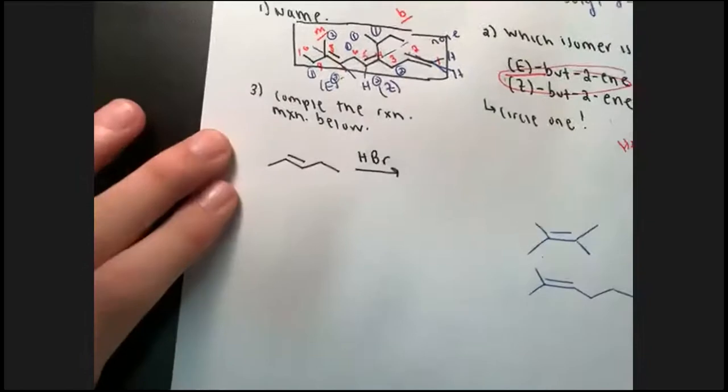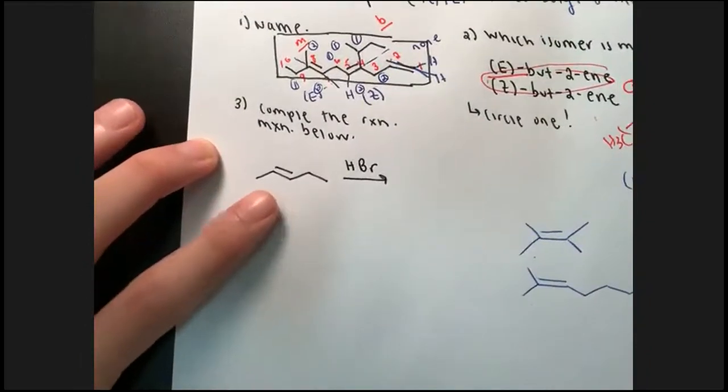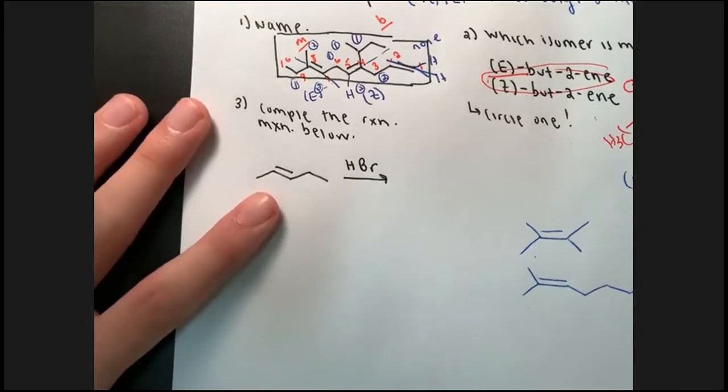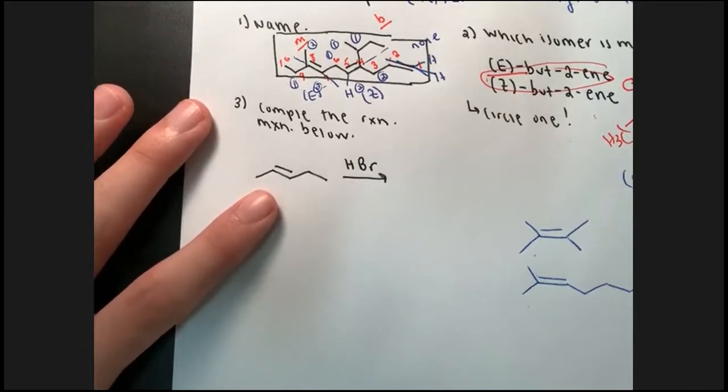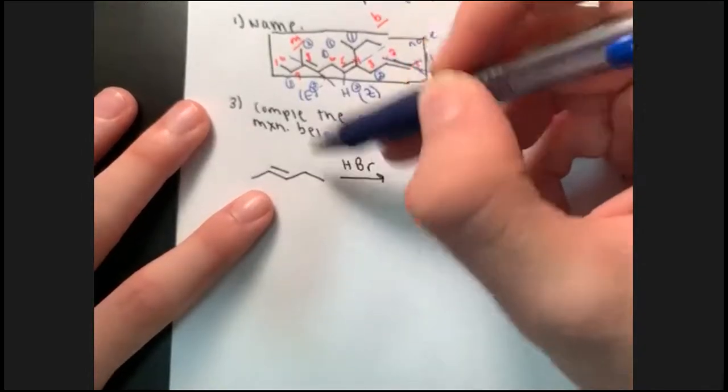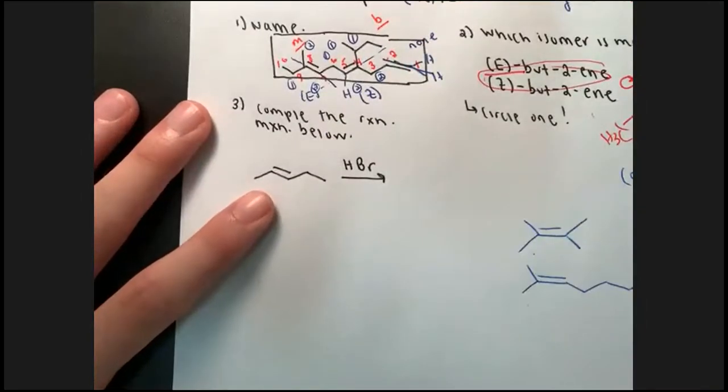Okay, so complete the reaction below, and we're going to talk a lot more about some specific things that we didn't discuss last time with this, but this is a hydrohalogenation reaction, the only one we've talked about so far. We've talked about the fact that these pi electrons are pretty nucleophilic, or they want some sort of proton or some sort of deficiency.